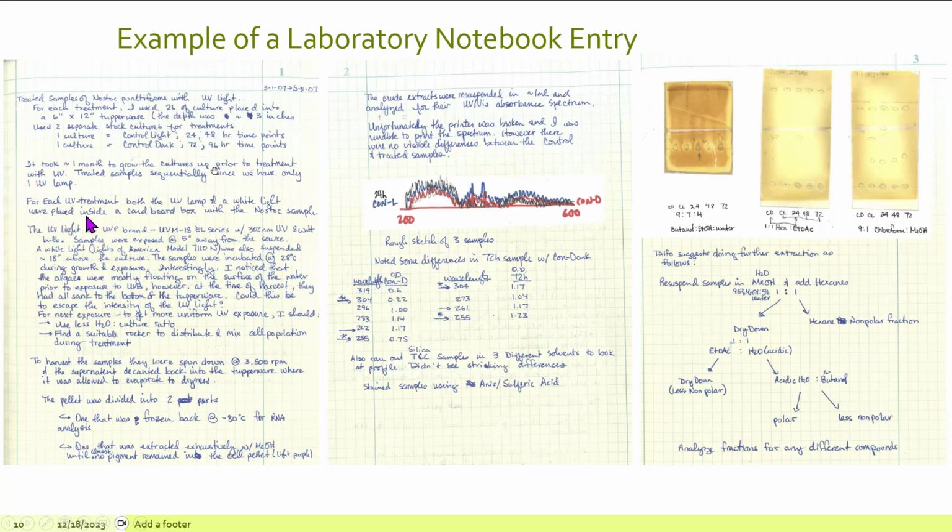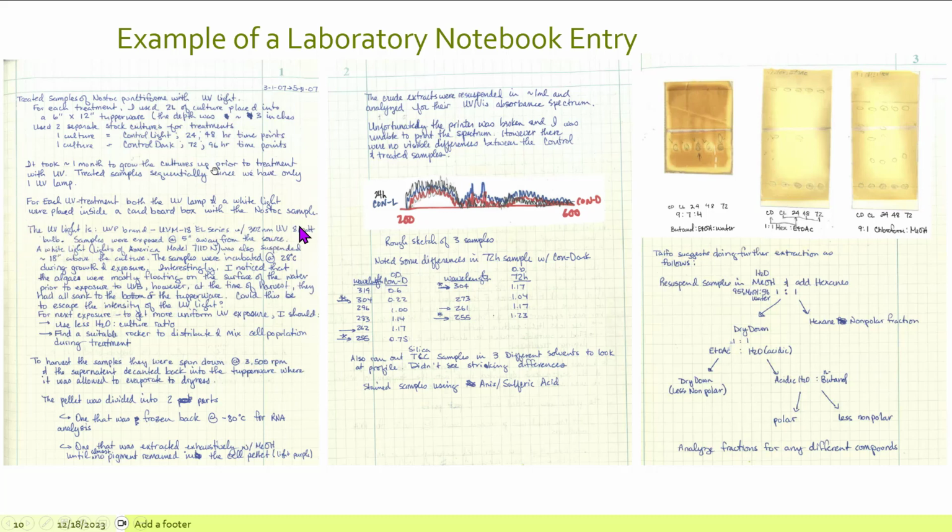For each UV treatment, both the UV lamp and a white light were placed inside a cardboard box with the Nostoc sample. The UV light is UVP brand UVM18 EL series with 302 nanometer UV 8-watt bulb. So that's good information.